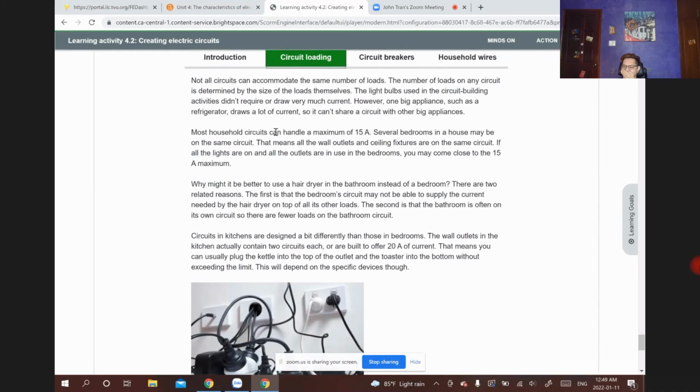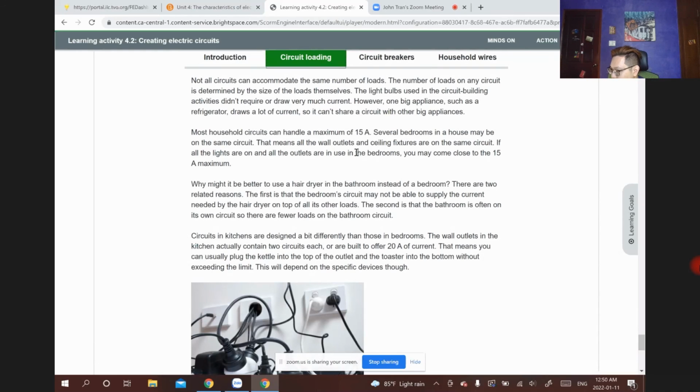Most household circuits can handle a maximum of 15A. Several bedrooms in the house may be on the same circuit. I mean, all the wall outlets and ceiling fixtures are on the same circuit.